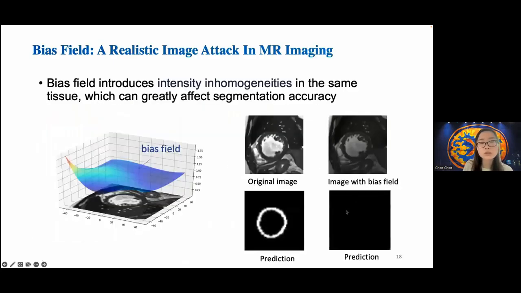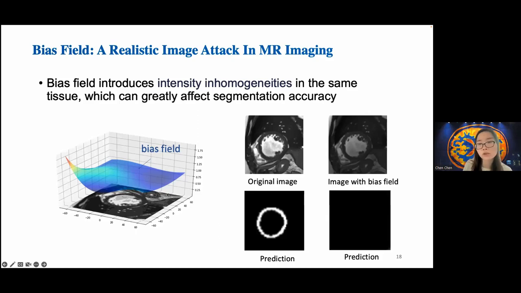So one of the works we developed is trying to, instead of simulating adversarial noises to attack the model, model a realistic physical world attack that really exists in the medical world to improve the model robustness and generalization. One type of perturbation that came to our mind is the so-called bias field, which introduces realistic intensity inhomogeneities in MR images.